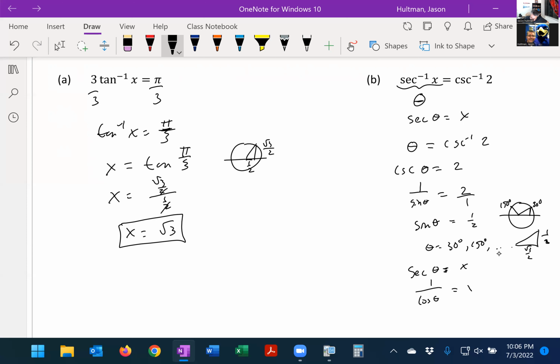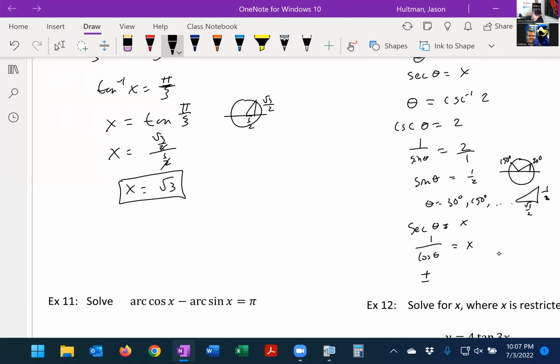If I let this be a positive radical 3 over 2, at 150 it would be a negative radical 3 over 2. So I could write this as plus or minus 1 over radical 3 over 2 is equal to x.